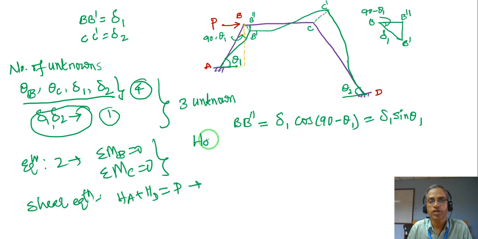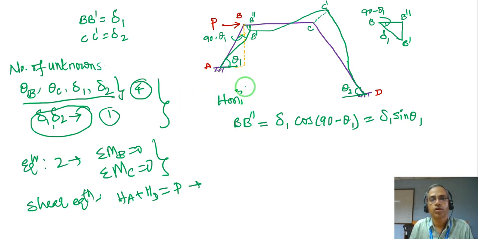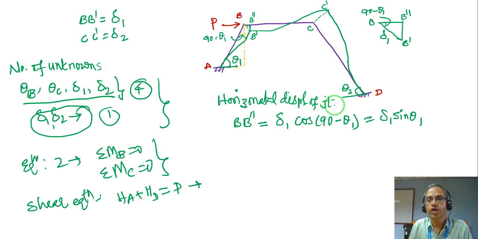So I'll write down here, this is nothing but my horizontal displacement of joint B. Now what is the vertical displacement of joint B?